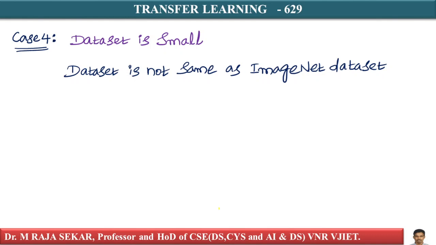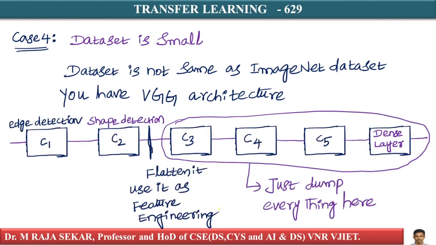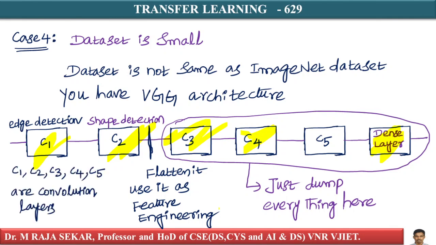Very simple. You have your VGG architecture with multiple layers. Let's assume you have a dense layer. You can check the dense layer here in your VGG architecture. The C1, C2, C3, C4 are known as convolution layers.